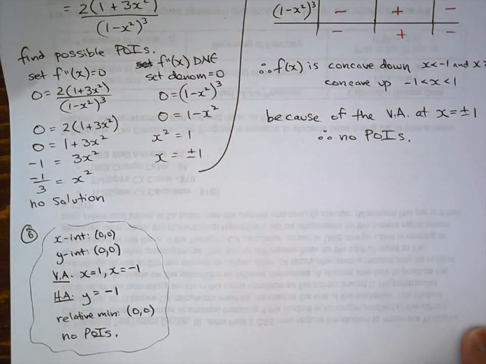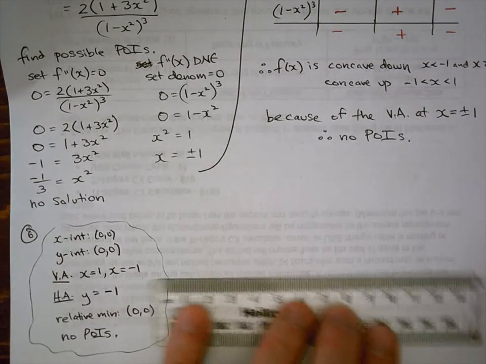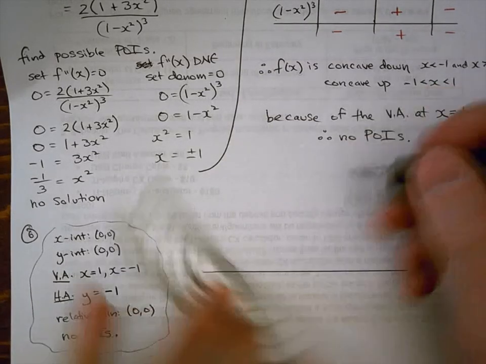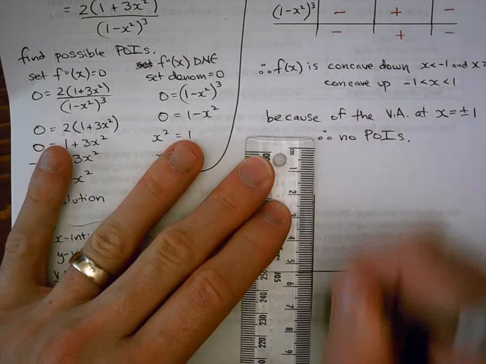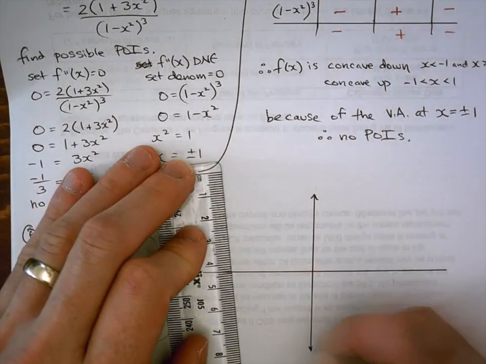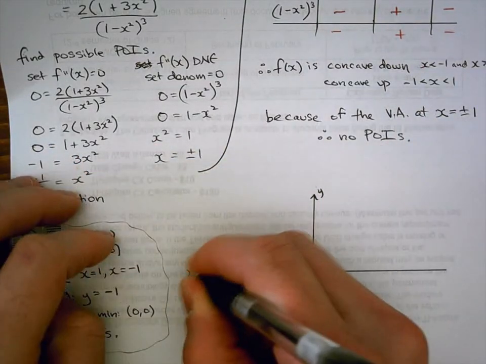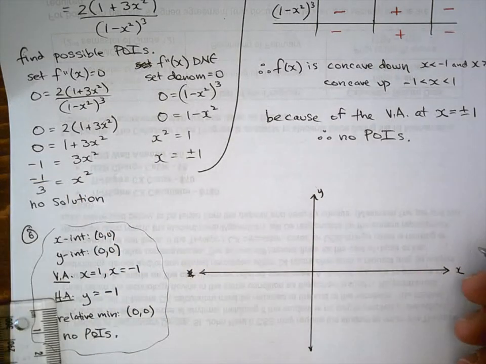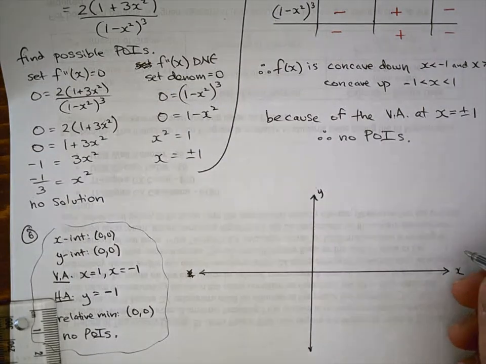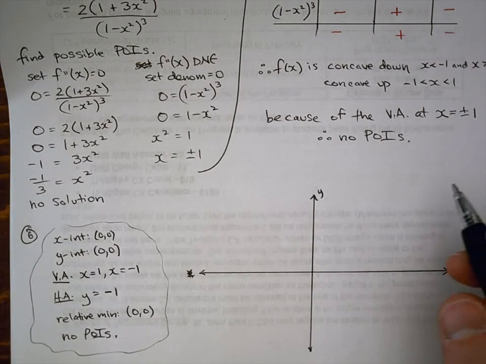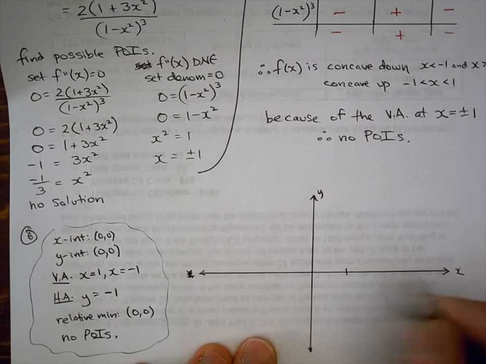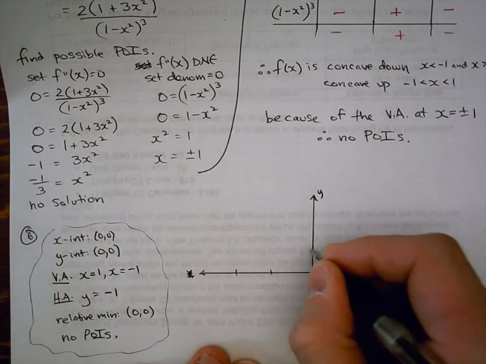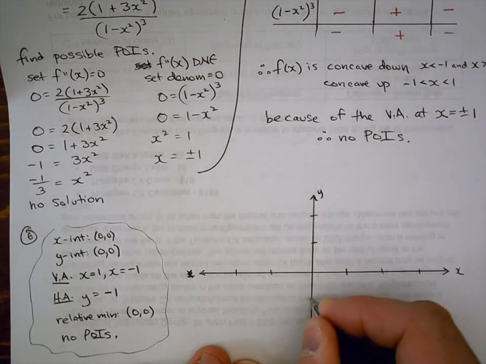So I'm going to draw my Cartesian plane, or use some graph paper. Technically we're really only looking at the points 1 and -1, so I'm going to spread out my axis a bit, just so that I can sketch it really accurately.